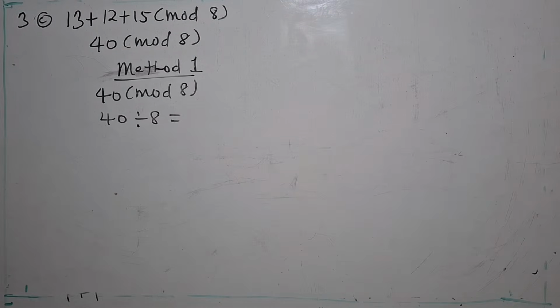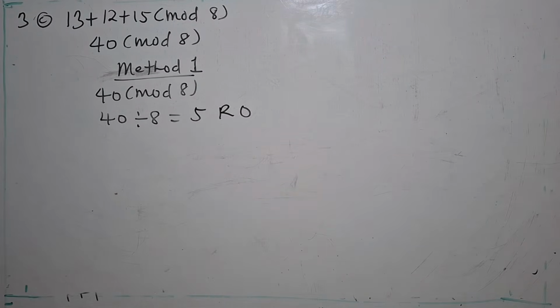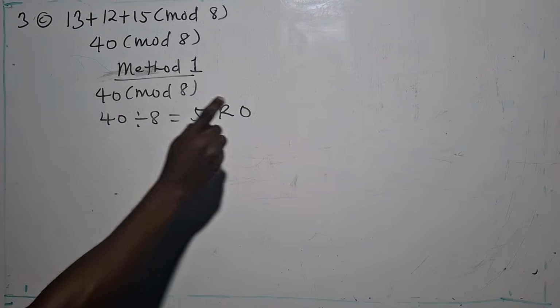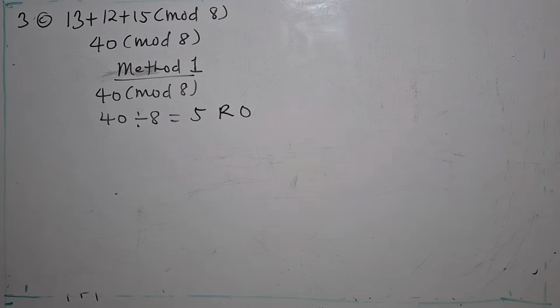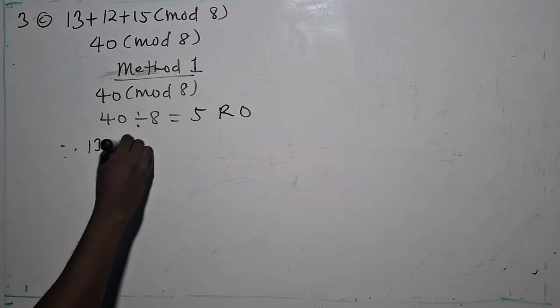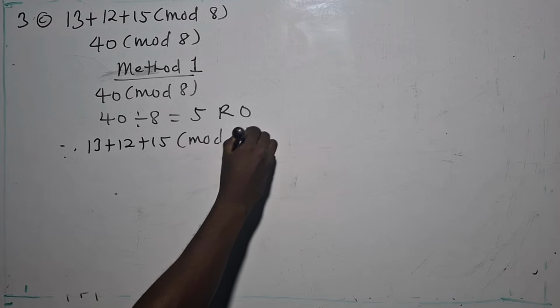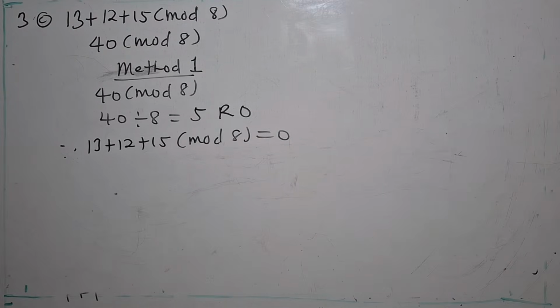So 40 divided by 8 is going to give us 5, remainder 0, for which 0 is going to be the answer. So therefore 13 plus 12 plus 15 mod 8 is equal to 0.